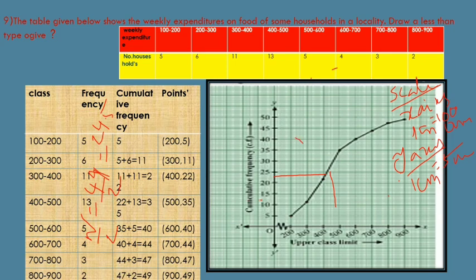Where it intersects, draw one perpendicular line. That line gives a value on the x-axis, which is called the median. So the median lies on the x-axis. This is also important, to find the median from the graph or ogive.